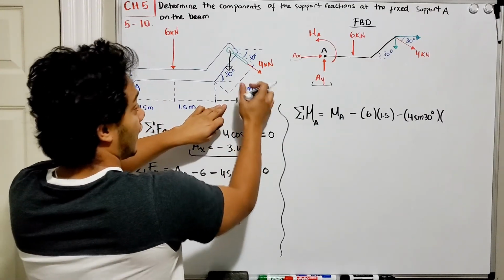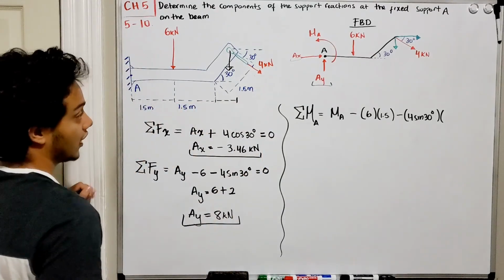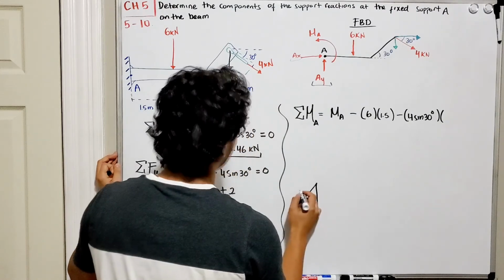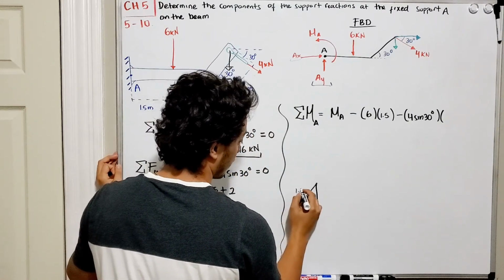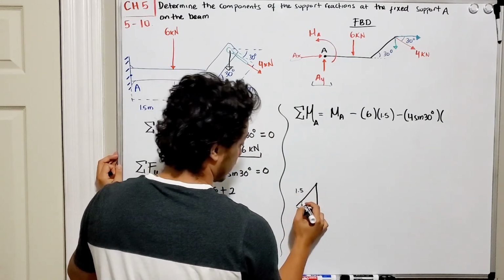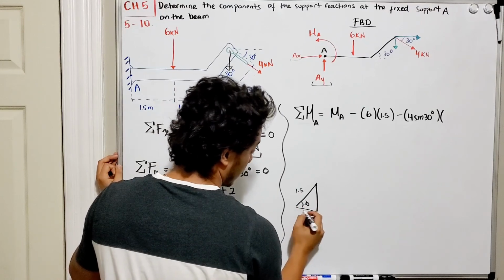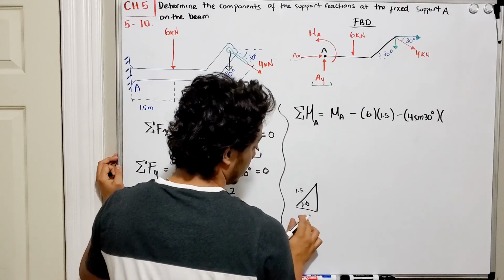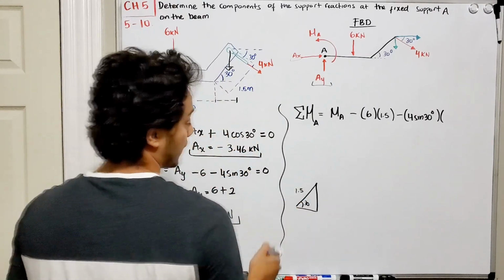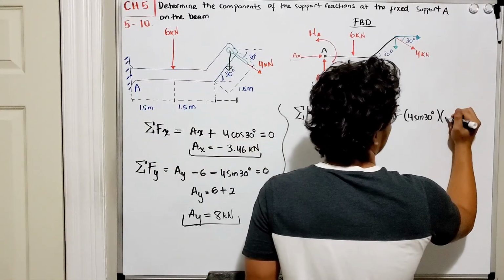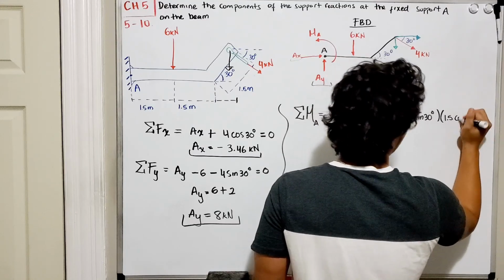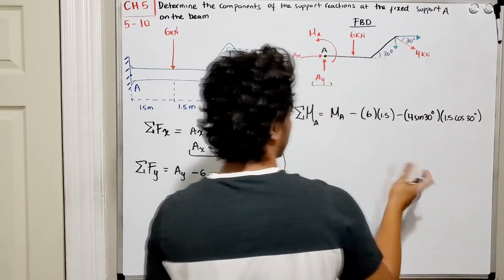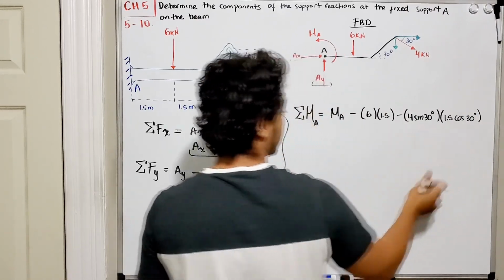But we know that if we draw a similar triangle, the hypotenuse is equal to 1.5, and we know that the angle is 30. If we want to know the adjacent, we need to do hypotenuse multiplied by the cosine of 30. So we're gonna do 1.5 multiplied by the cosine of 30 degrees. Okay, so this is probably the most tricky part of the problem.